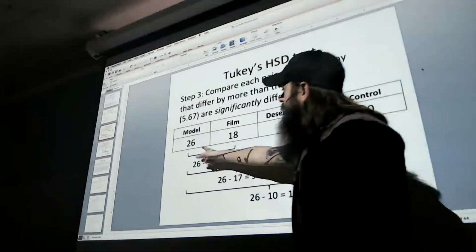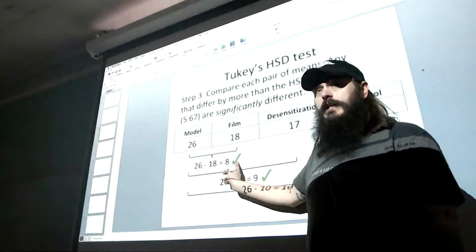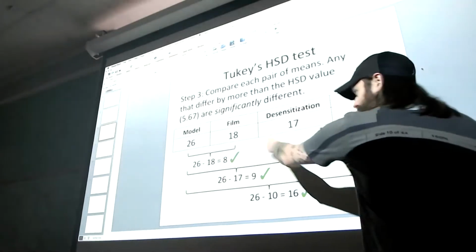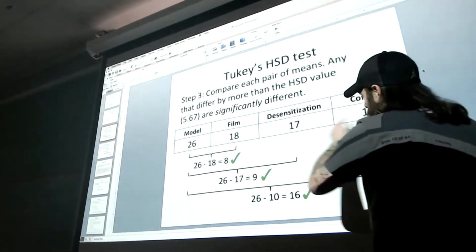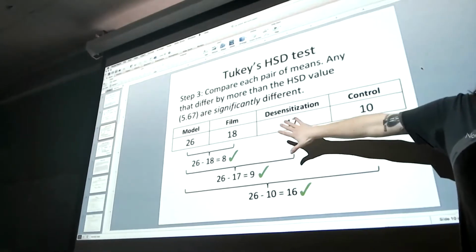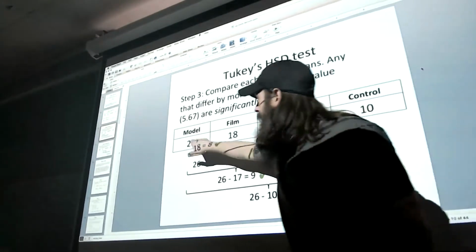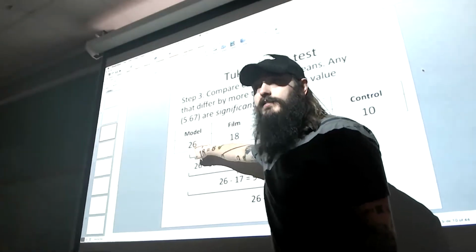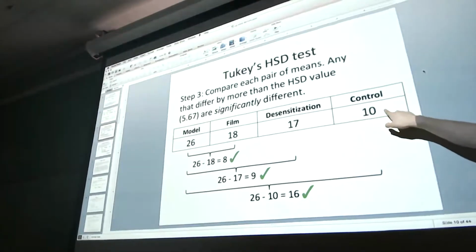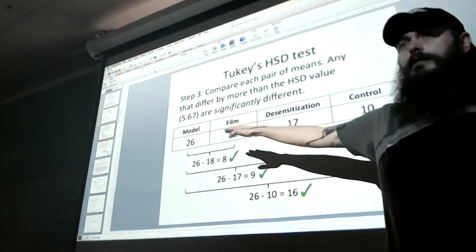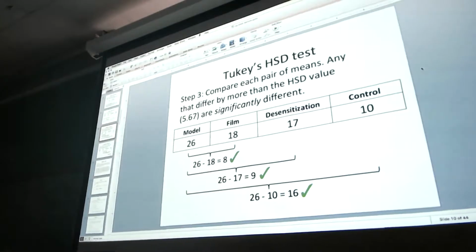If we compare this one to this one, and it's significantly higher, and this number is higher than this number, and this number is higher than this one, there's only one comparison we need to make to know, yep, this number is significantly higher than all these others. So instead of making 3 comparisons here, we can just make 1 and say, yep, this is higher.